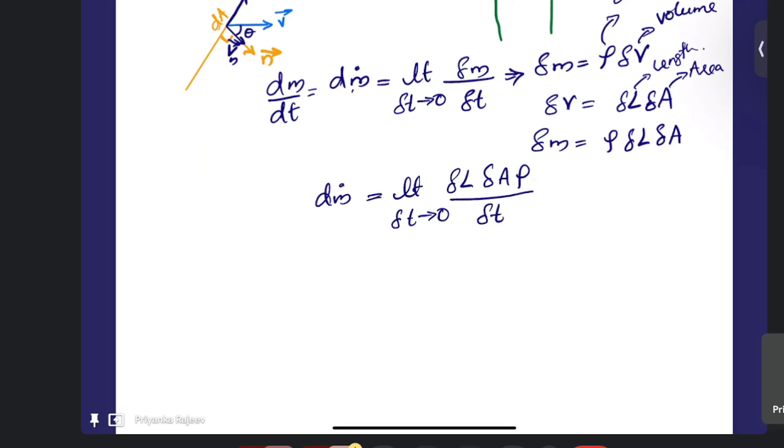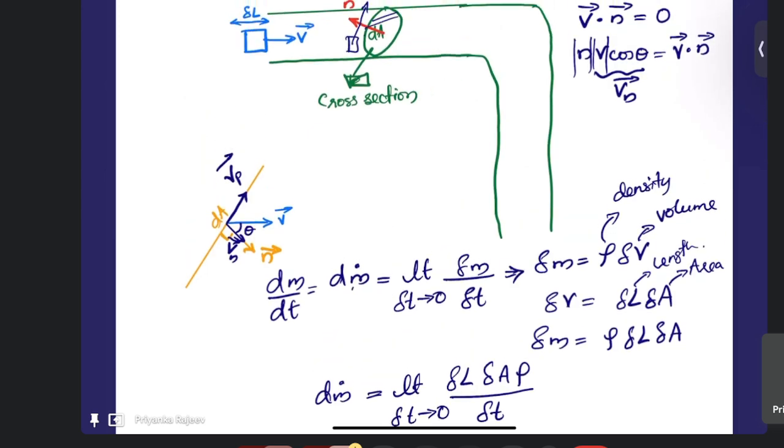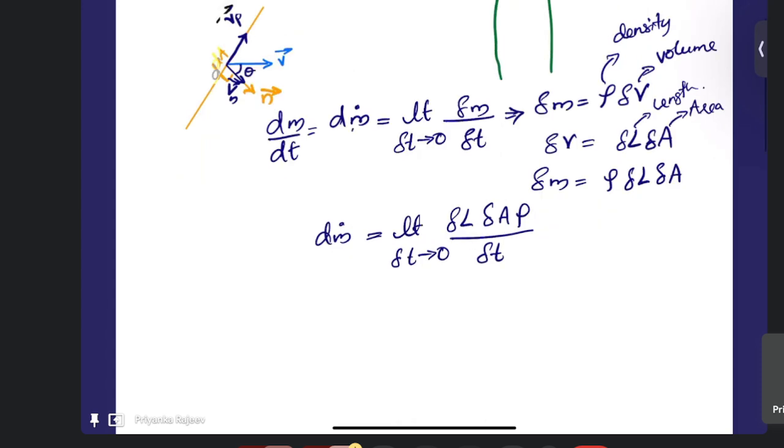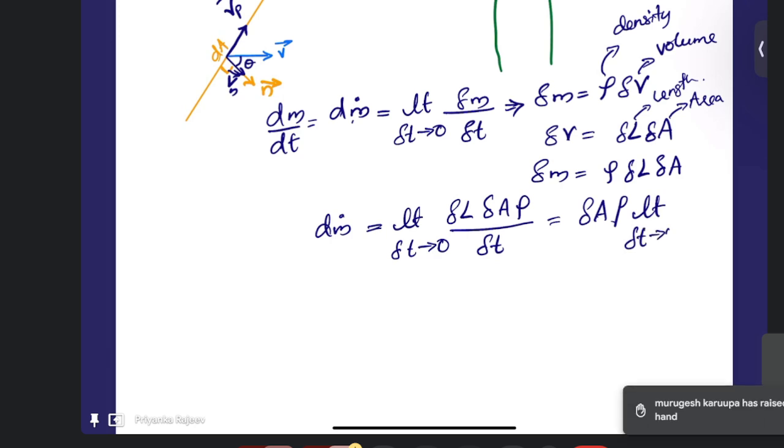Now this delta A is the area of this cross section, so I can take it out because that's a constant. Rho also I can take out. So what remains is the limit as delta t tends to 0 of delta L by delta t.